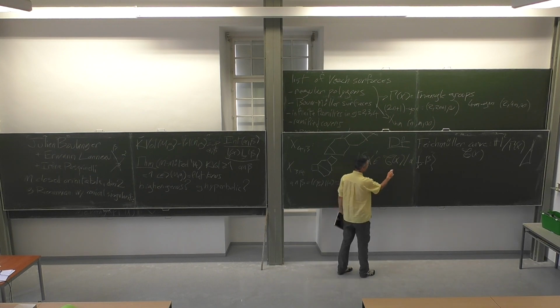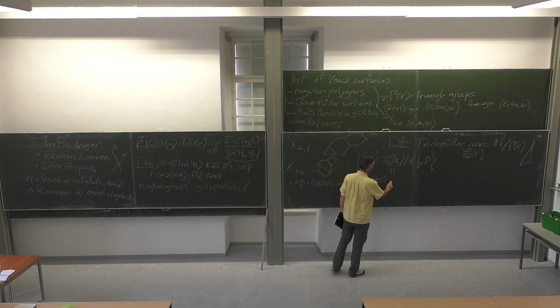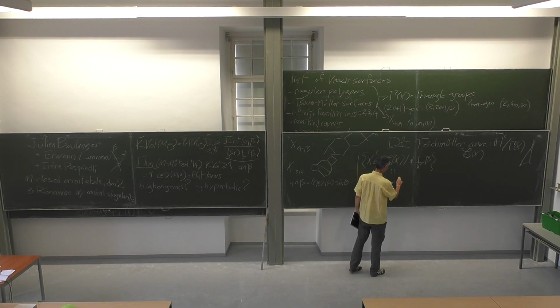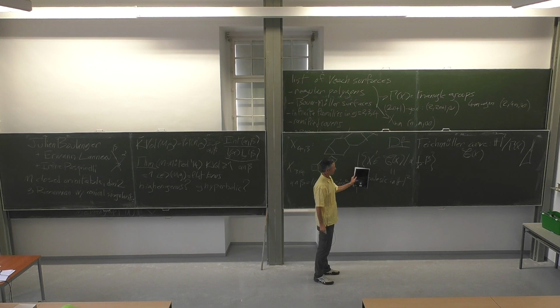And I'm saying that, as Norbert said, this is the geodesic in H2 with endpoints the coslopes of alpha and beta.